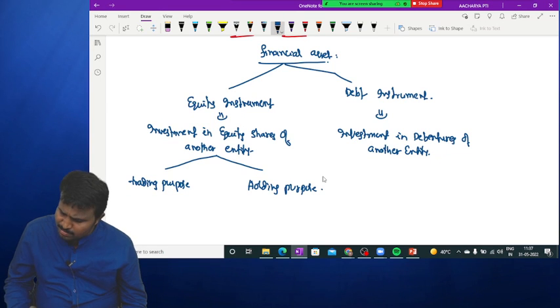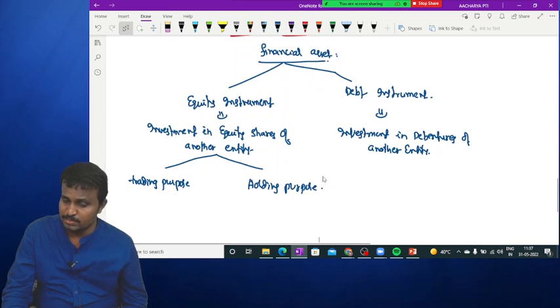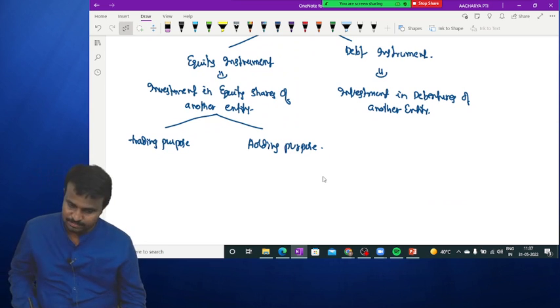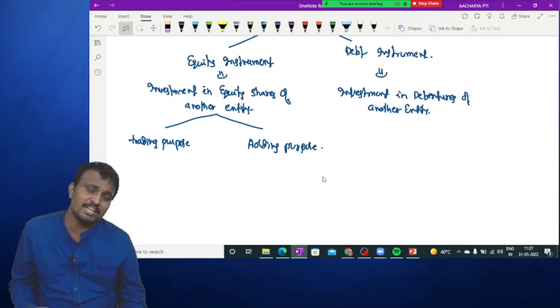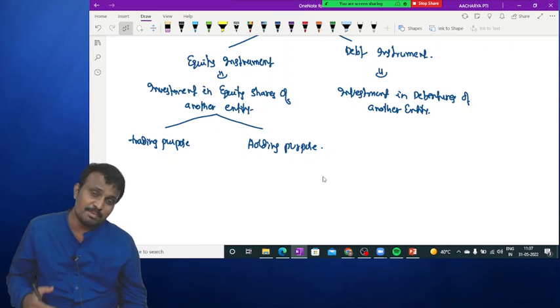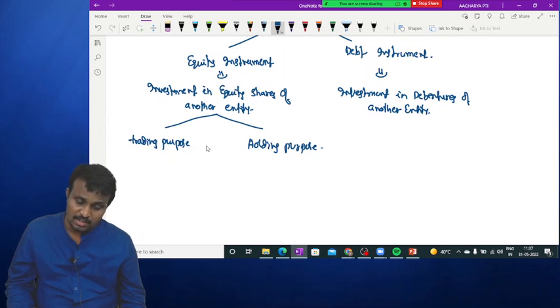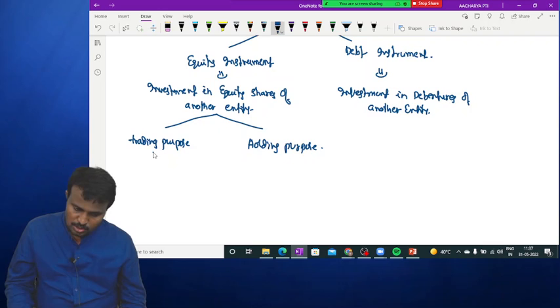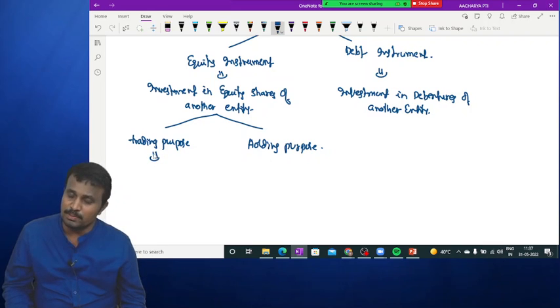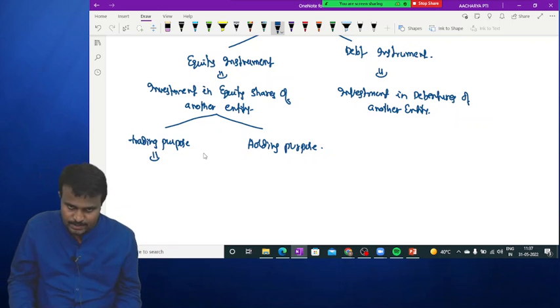Can anyone tell me which is meant for short run purpose and which is meant for long run purpose? Equity instruments are generally purchased by an entity for one of these purposes: trading or holding.